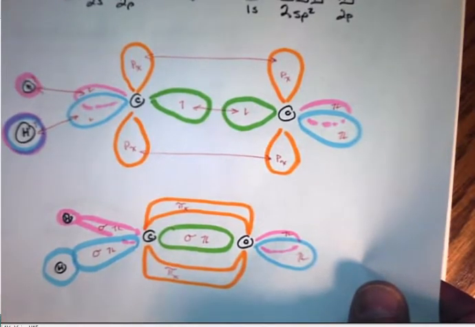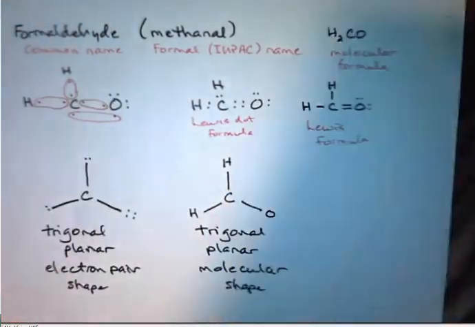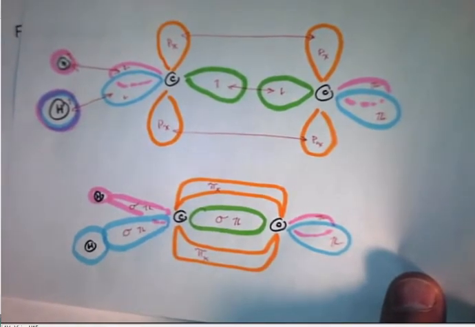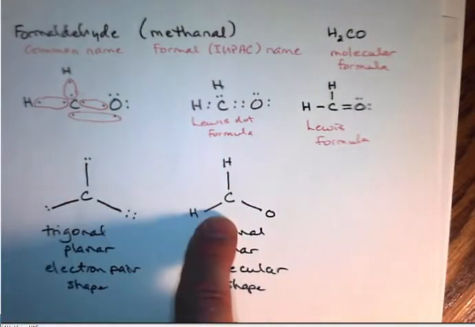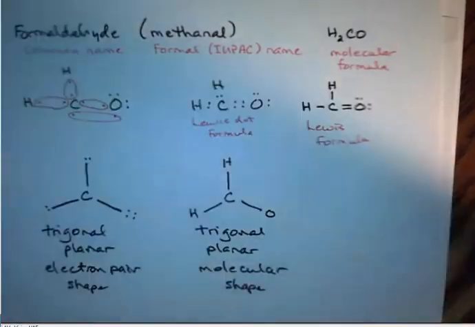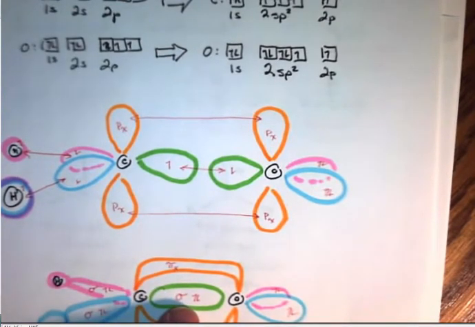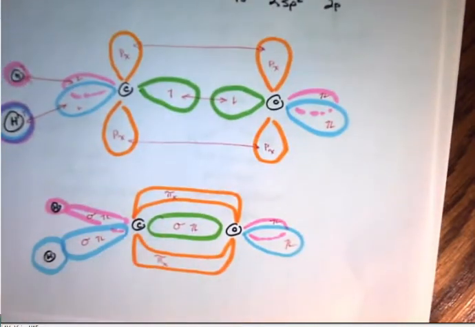If what we really want to know is what is the shape of the molecule, then we care more about this than we do about this. If I want to know why a protein in your body does what it does and forms the shape it forms, I care more about this and this than I do about this. But if I want to know how I change this molecule and react it with something else, I care more about this because that double bond really impacts the way that the reaction takes place.